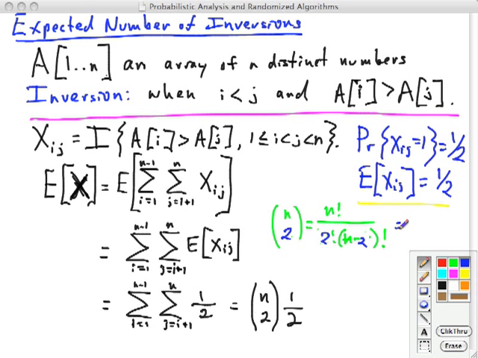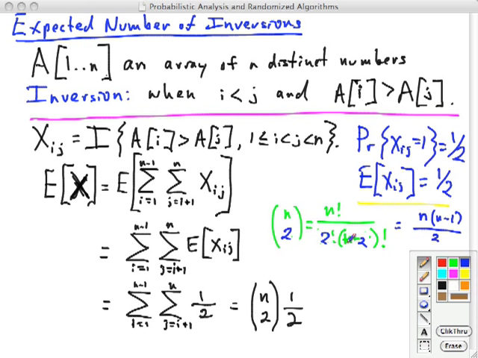Now notice n minus 2 factorial is n minus 2, n minus 3, n minus 4, and so on, and n factorial is n, n minus 1, n minus 2, and so on. So n times n minus 1 are the only ones that are left. So this top expression is n times n minus 1. And of course 2 factorial is 2.